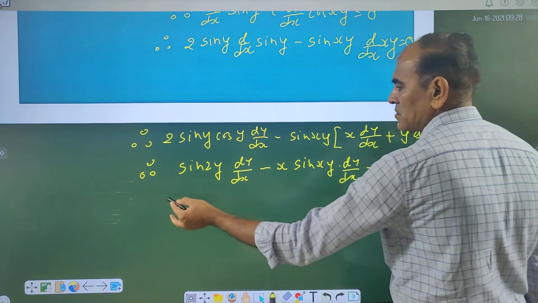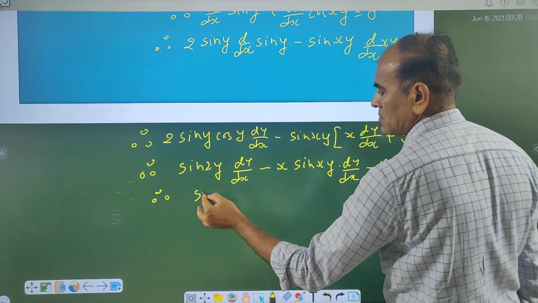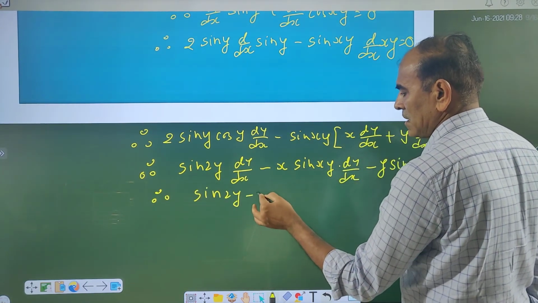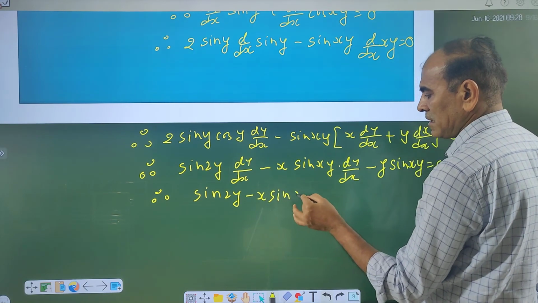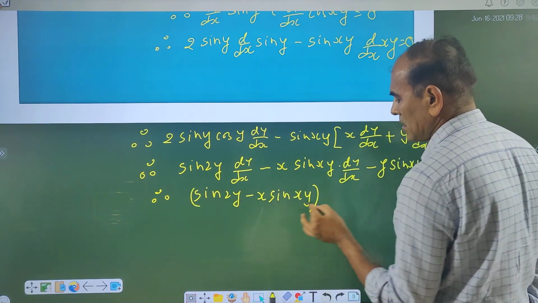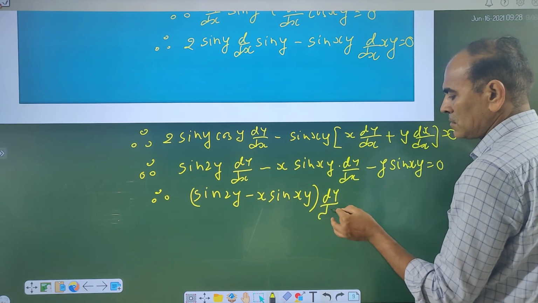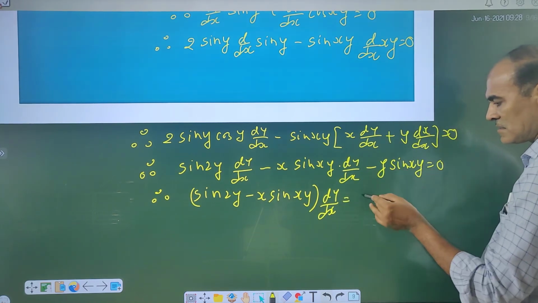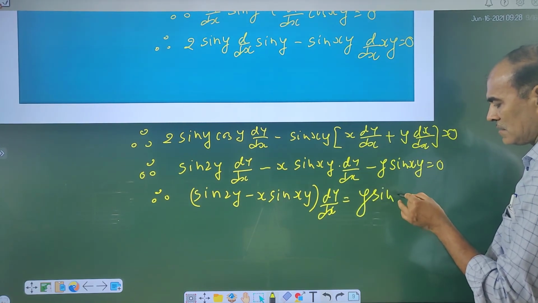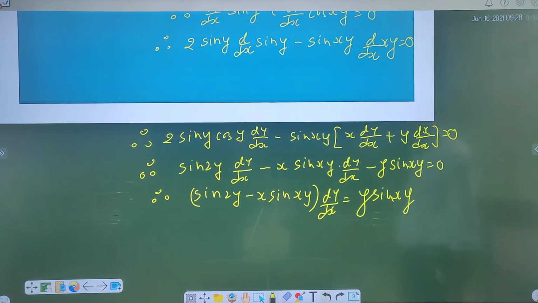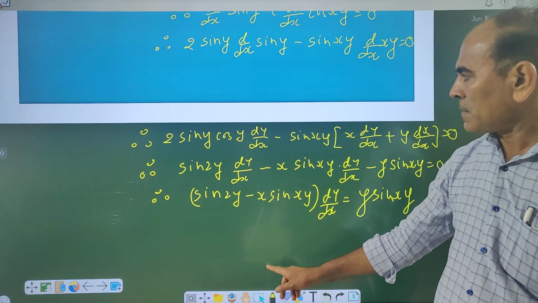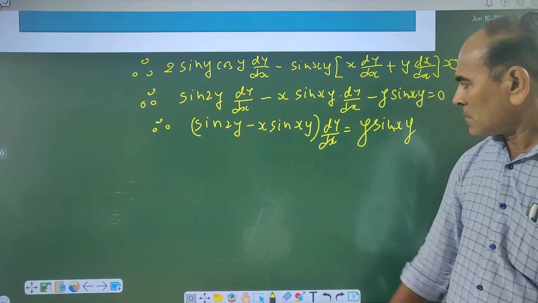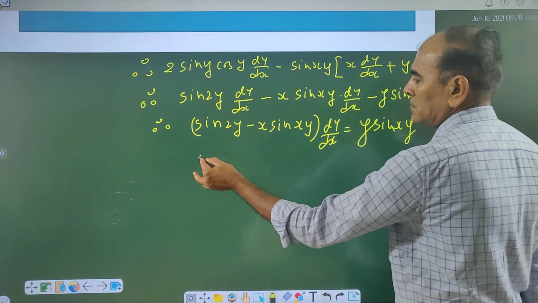So from the very first two terms take dy by dx common: sine 2y minus x sine xy into dy by dx, and take y sine xy on the right hand side. Now what is dy by dx?